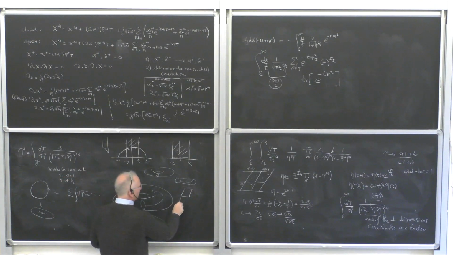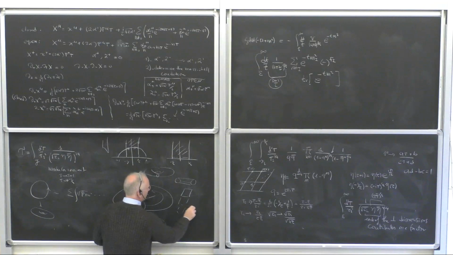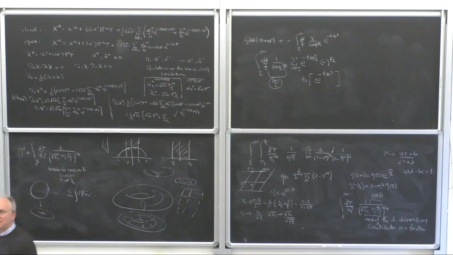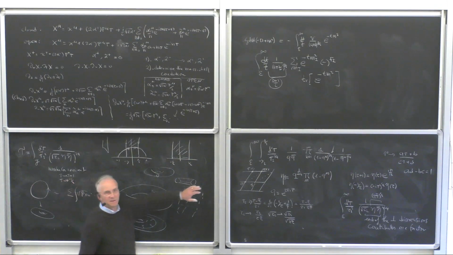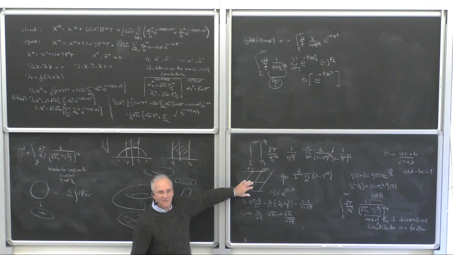But the rectangle can be repeated infinitely many times in the plane, and it becomes a tessellation, it becomes a lattice. So the torus has the same information, modulo the conformal invariance of the theory, as a lattice in the plane. And the lattice in the plane is not defined uniquely by this fundamental cell, because the choice of fundamental cell is not unique.